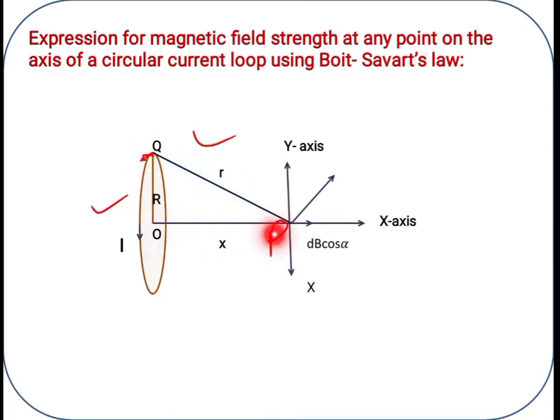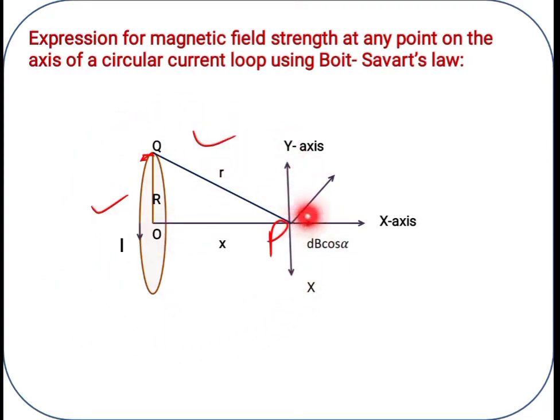This is the metal ring, or circular loop, which is a conductor where the current is passing. The surrounded area, of course, has a magnetic field. If current is flowing across this, then the direction of the magnetic field is definitely in this way.